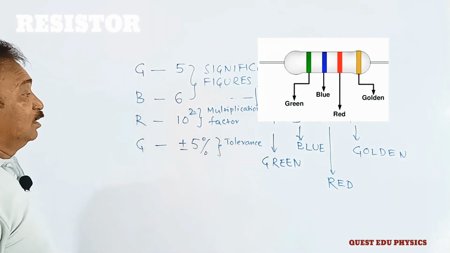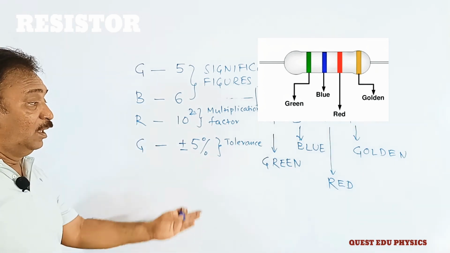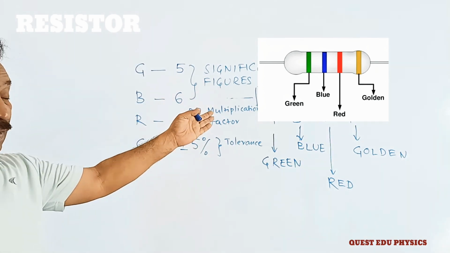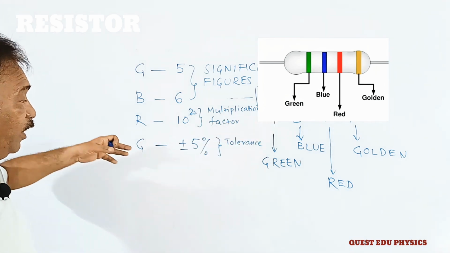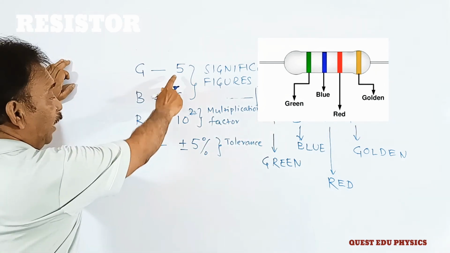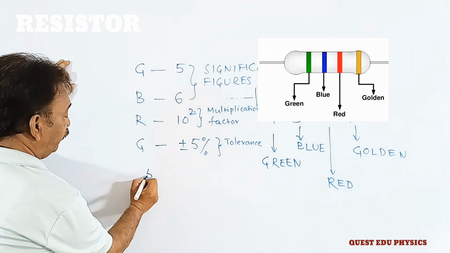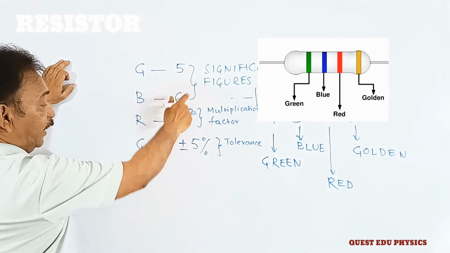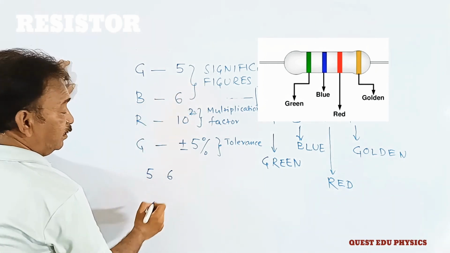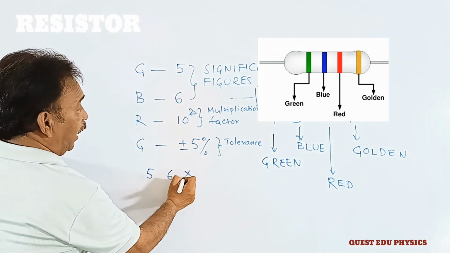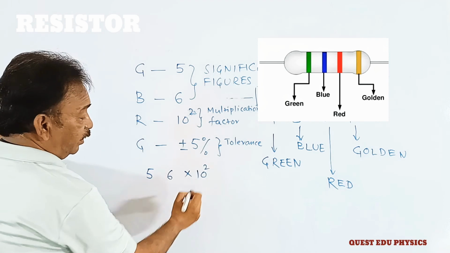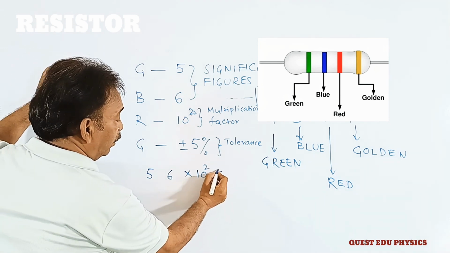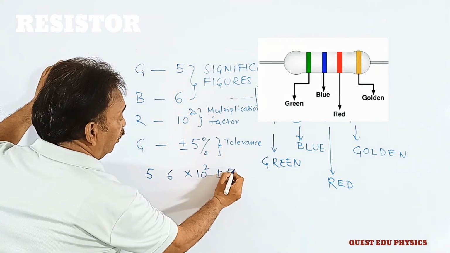Okay, students. Then how can we measure? That is shown in this way. We have to take the value of green, students, and put it with the 5, the significant figures I said. 6 multiplied with the multiplication factor I said, 10 square, and plus or minus 5%.